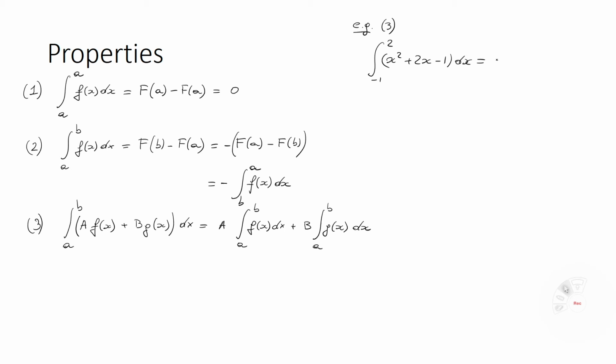So we could have written that as the integral of x squared plus 2 times the integral of x minus the integral of 1, and then we can use our rules for the polynomial, so we know that the integral of x to the power n is x to the n plus 1 divided by n plus 1 plus a constant.